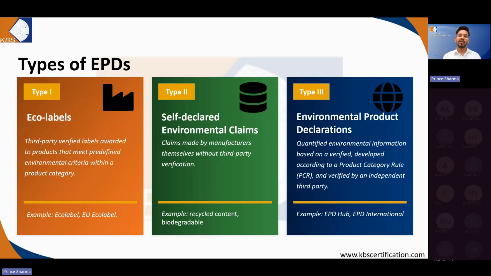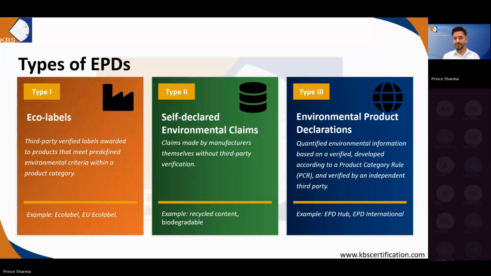There will be only one or two categories included in their declaration, but not all, because these are only declarations based on their studies. So these are not verified. Sometimes these could also not be scientific. So this is the difference between all of the three types of EPDs: type 1, type 2, and type 3.